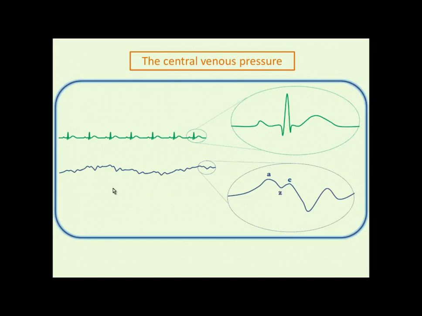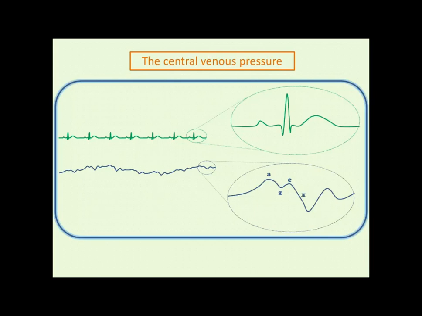So if you wanted to measure a true CVP, you would wait for this undulation to signify end expiration, and then at end expiration you'd look for the Z point, or conversely you could freeze the monitor and correlate that with the onset of the QRS, because that's the onset of systole, and that would represent your true CVP, your true vascular distending pressure prior to the onset of systole.